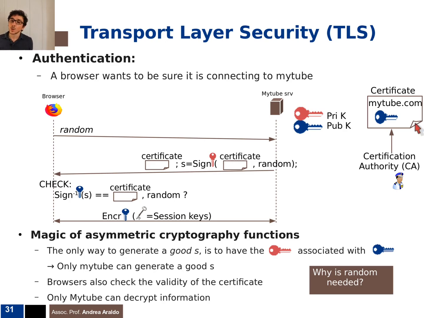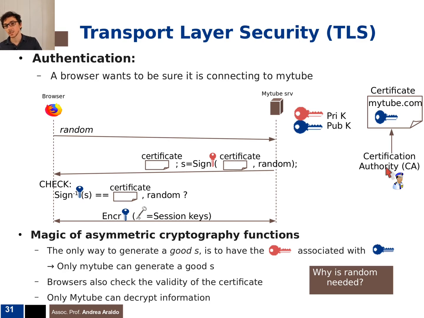But we need a way to avoid fake certificates, because otherwise a random attacker can create a certificate claiming that MyTube is associated with a certain public key, which is not the correct one. To avoid this, we have certification authorities.